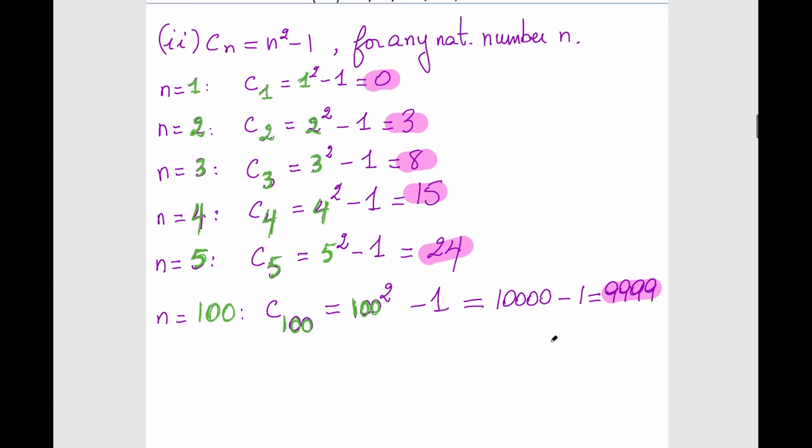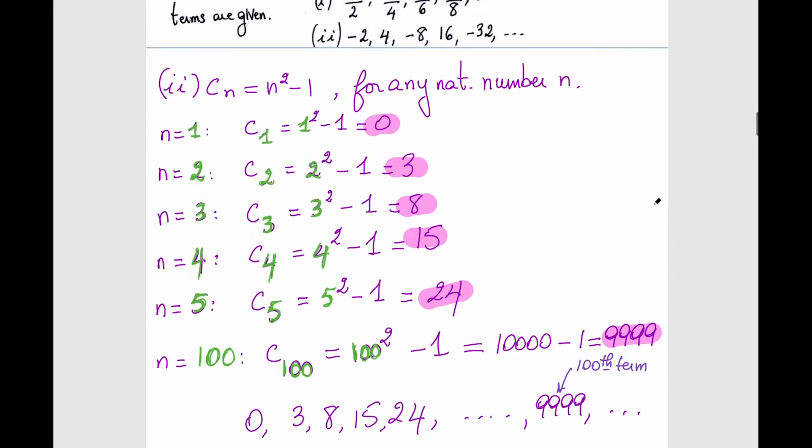So what I mean is this. You can say, okay, I have 0, 3, 8, 15, 24, dot, dot, dot, and then I'm going to have this as the 100th term, right?